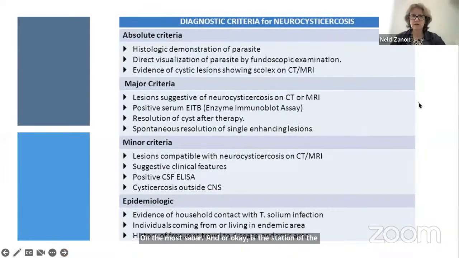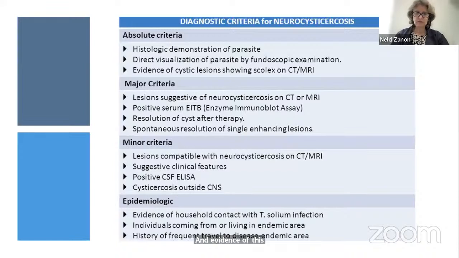Several criteria exist for neurocysticercosis. Absolute criteria are based on histologic demonstration of the parasite, direct visualization of the parasite by fundoscopic examination, and evidence of cystic lesions showing scolex on CT scan or MRI. Major criteria are lesions suggestive of neurocysticercosis on CT scan or MRI, and positive serum enzyme immunoblot, resolution of cysts after therapy, and spontaneous resolution of single enhancing lesions.